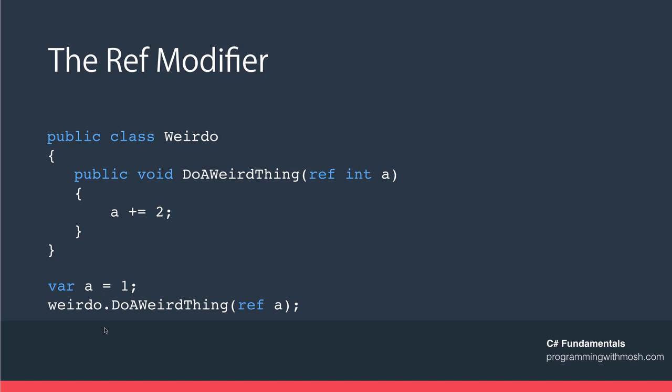I'm completely against this concept. I think it's a code smell, and I want to make sure that you're never going to use this. But if there are classes written by other people, or perhaps somewhere in .NET Framework where a parameter is defined with the ref modifier, I want you to know that in order to call that method, you need to specify the ref modifier here. Honestly, I can't remember off the top of my head whether we have places in the .NET Framework where methods are defined with the ref modifier. But that's all I want you to know.